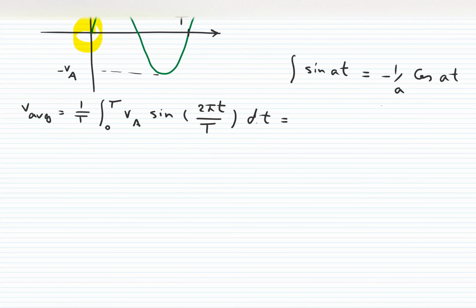So let's apply this to our equation. We will have 1 over T, minus 1 over a. Here, a is 2 pi over T.